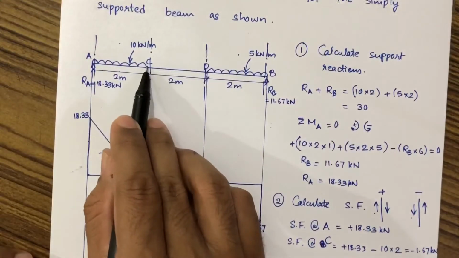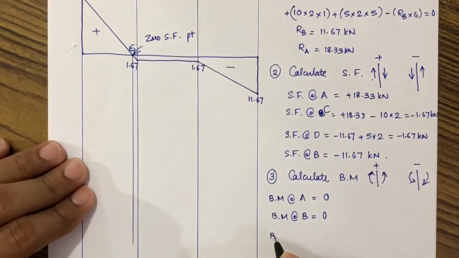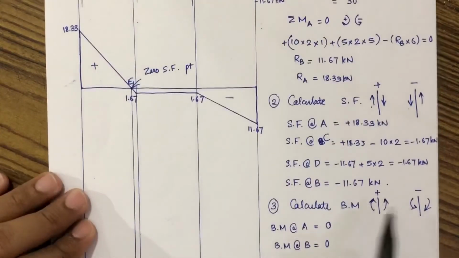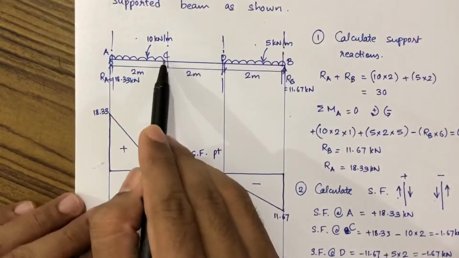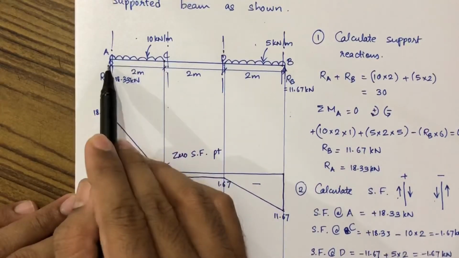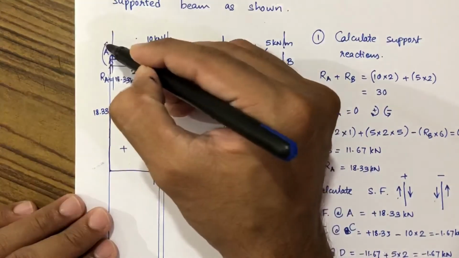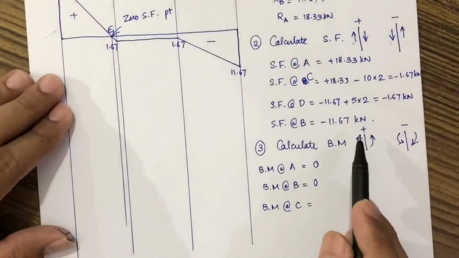Now we need to find bending moment at point C. Now we have to consider these sign conventions. Now the section is at C. To the left, if the force is moving up, if the moment is going like this, then it has to be taken plus.